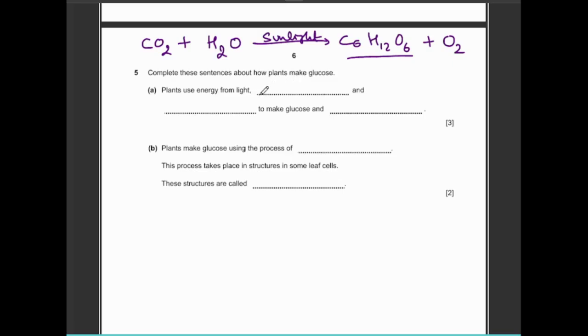Plants use energy from light, so this is done. They also use carbon dioxide, correct, CO2. So complete the sentence. It's only to be mentioned in chemical form, so I'm just writing here, it is carbon dioxide.